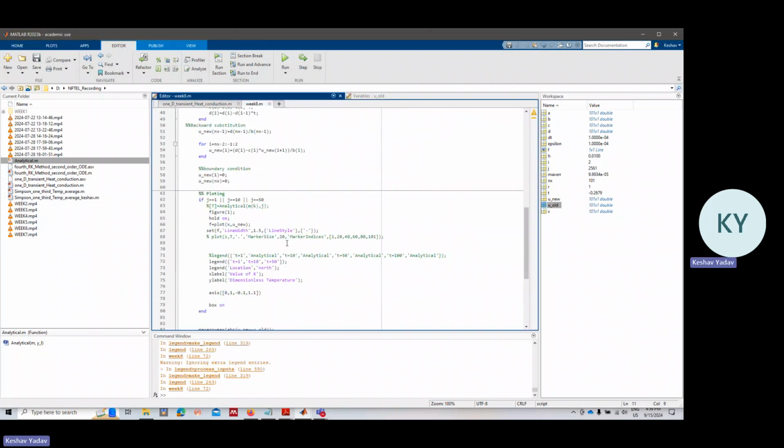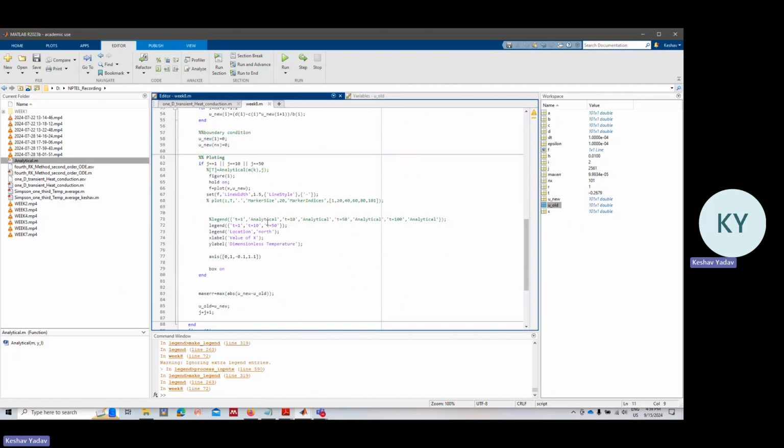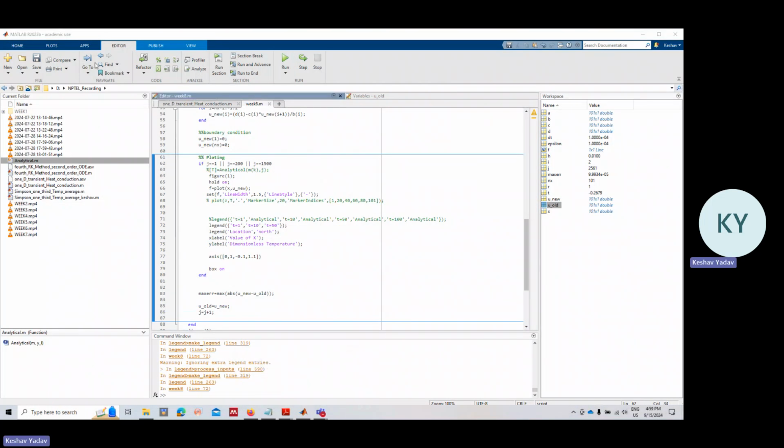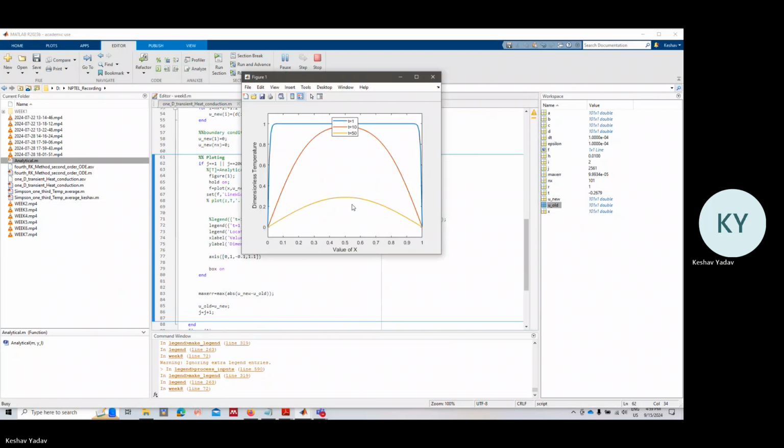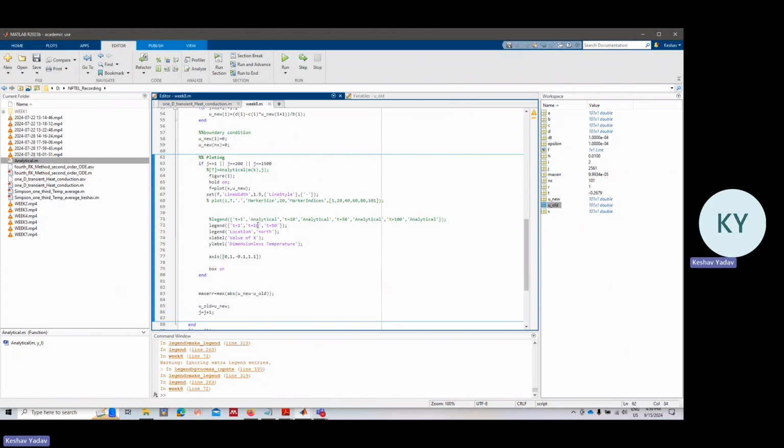So now if I change the time step here, where is the time step? So here, suppose I am putting 200, and here 1500. Now if I run it again, but I do not change the legend. So I need to change the legend. So this is what at t equal to 200 and t equal to 1500.